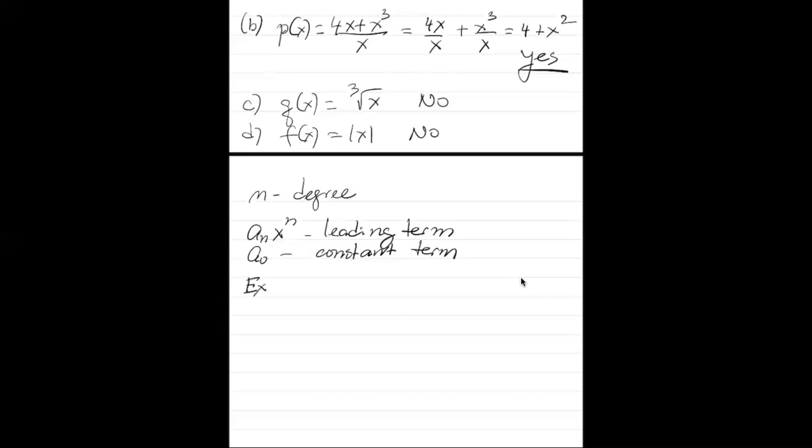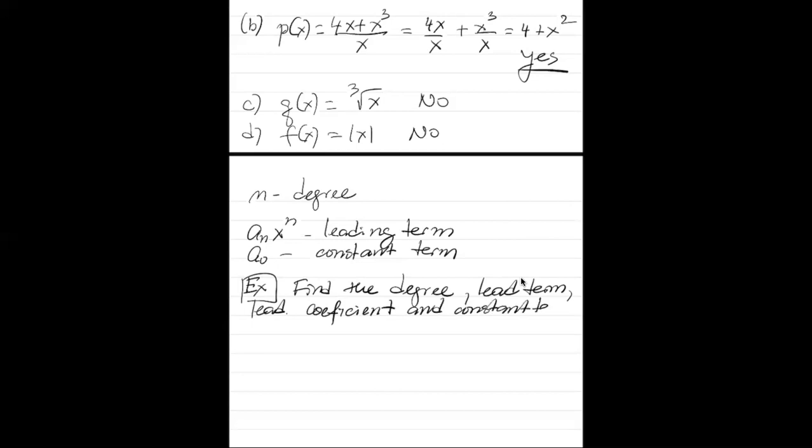So example, based on this knowledge, find the degree, the leading term, the leading coefficient, and constant term. So a polynomial f of x is 4x to the fifth minus 3x squared plus 2x minus 5.